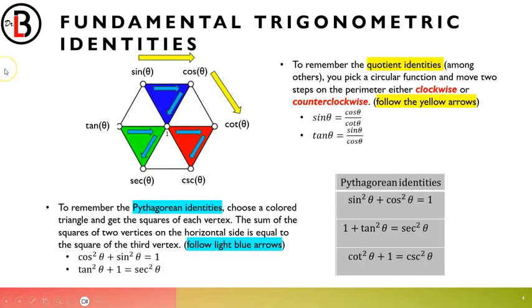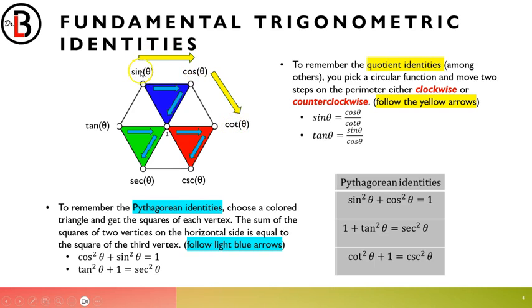So to have a quick recall on these identities, especially for the quotient identities among others, what I want you to do is you pick a circular function and move 2 steps on the perimeter, either clockwise or counterclockwise, basically following the yellow arrows. For example, sine theta is equal to the quotient of the two consecutive functions.